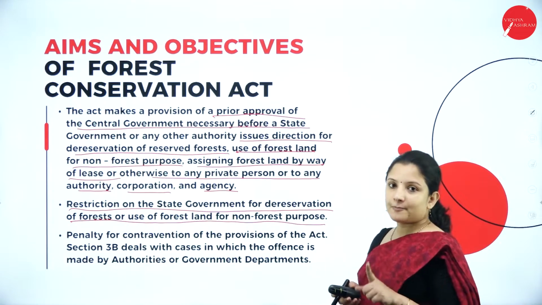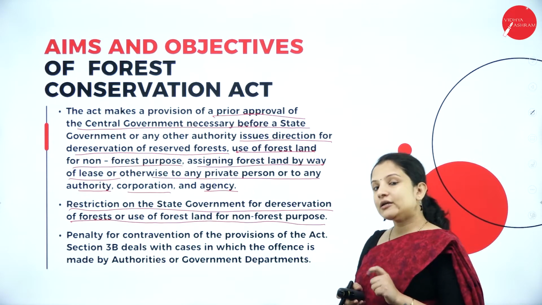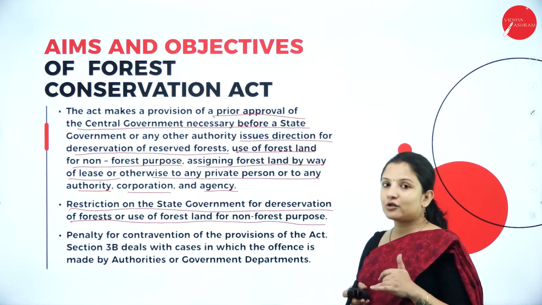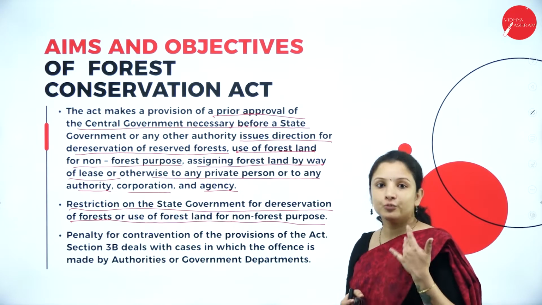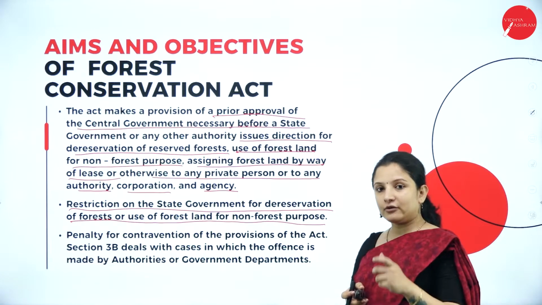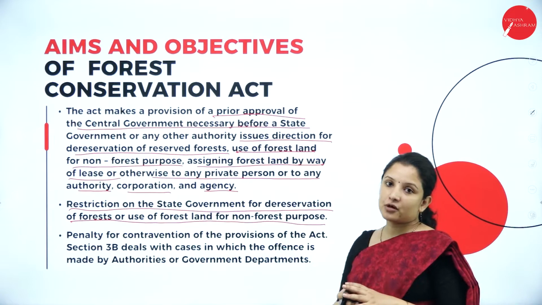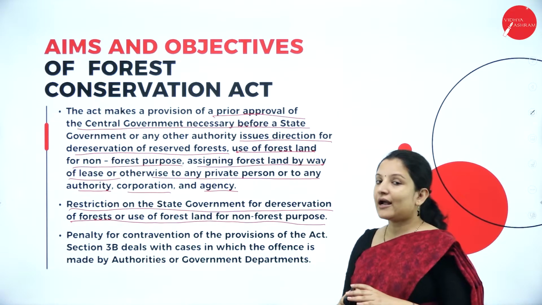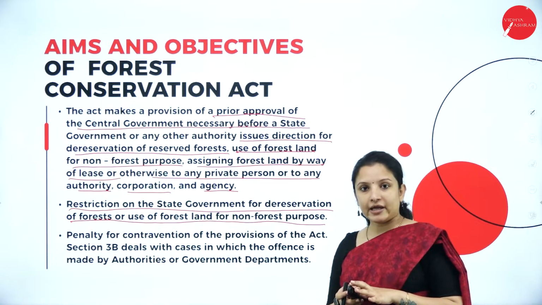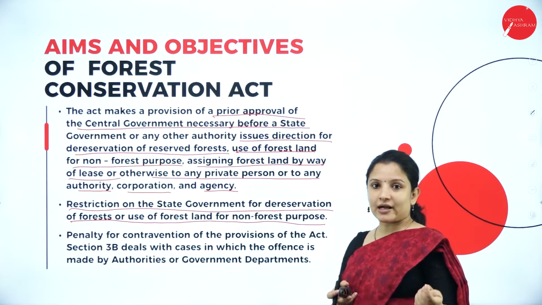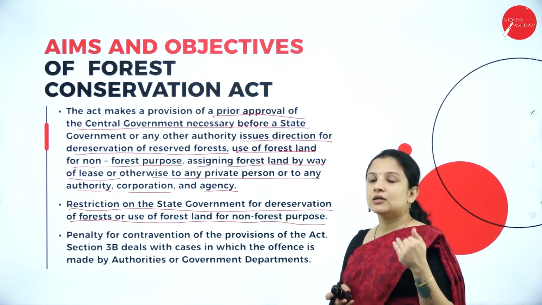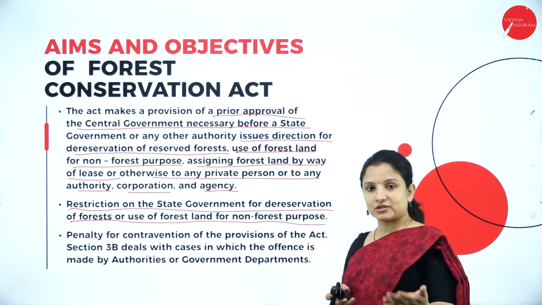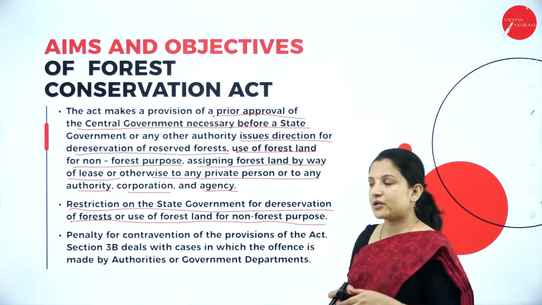So, we cannot depend on the state government. Why? Because they might fear that the state government may favor the people whom they know. That is why they have to take permission directly from the central government, and no state government here can help with any private recreational activities, such as building of resorts, homestays and all that in the forest premises.